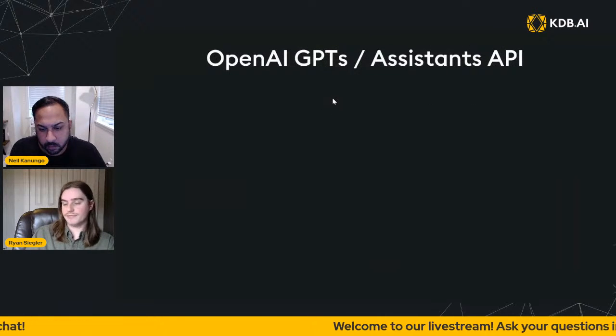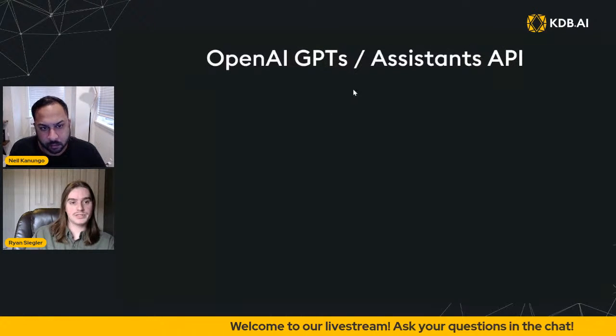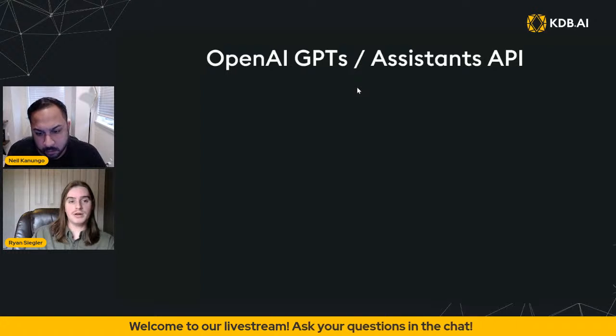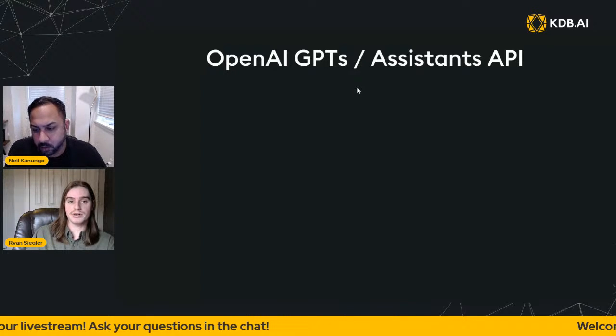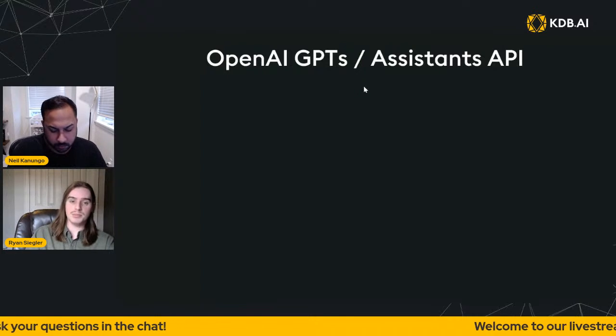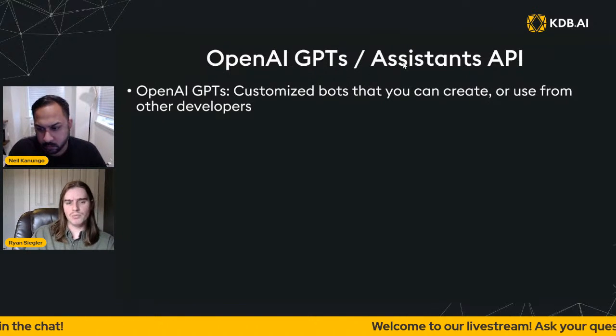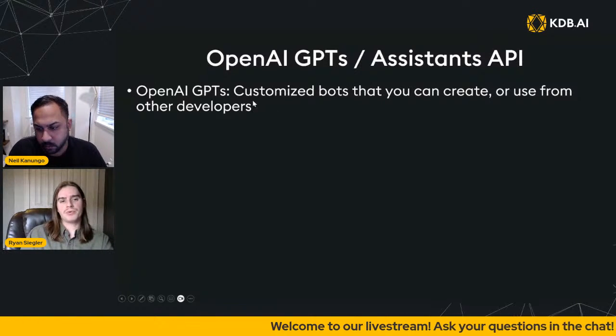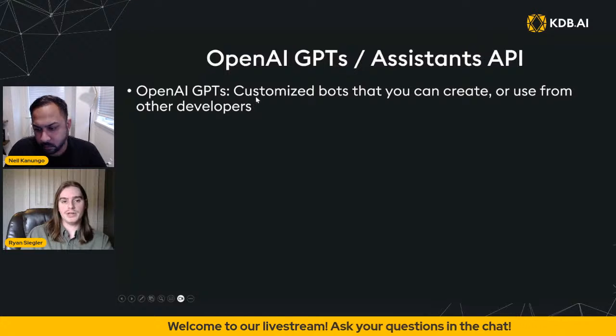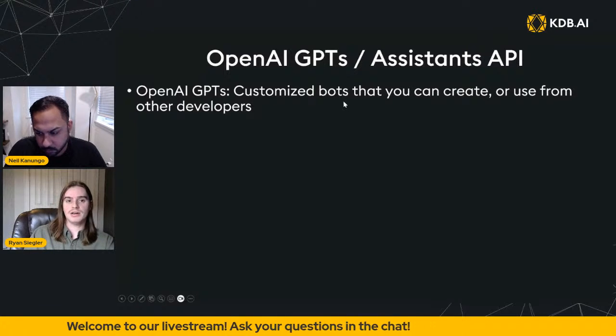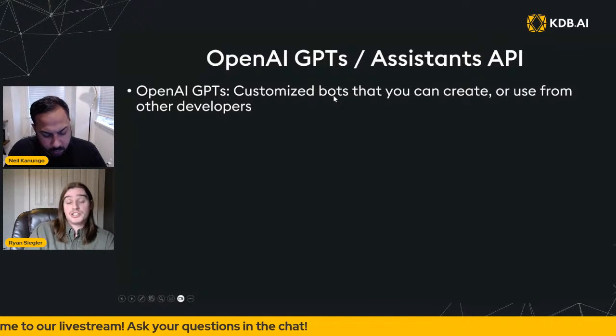Okay, and the final topic that I'll cover today is a bit about the recent release from OpenAI as far as their GPTs and their Assistants API. It's a way for you to use OpenAI to customize ChatGPT.